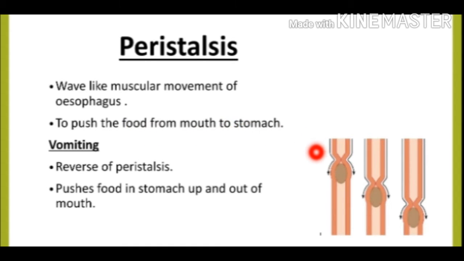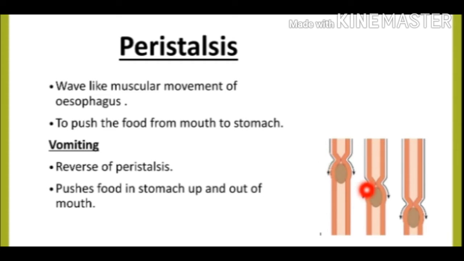This can be explained with the help of this picture. This is your esophagus and this brown one is your piece of food. The food is moving through the esophagus, from the mouth towards the stomach, in a wave-like muscular movement.